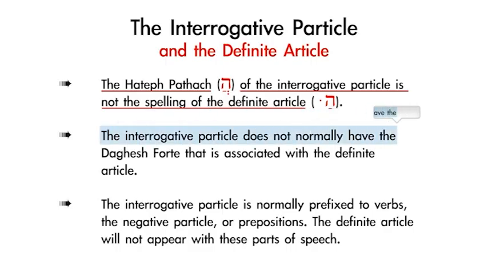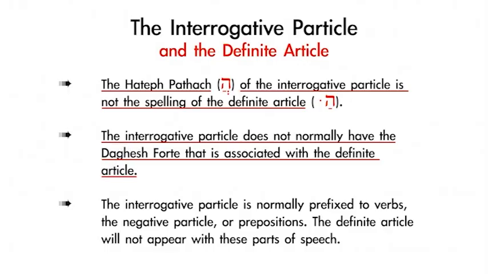The interrogative particle does not normally have the dagesh forte that is associated with the definite article. And finally, the interrogative particle is normally prefixed to verbs, the negative particles, or prepositions. The definite article will not appear with these parts of speech. You'll also remember that the definite article appears some 25,000 times in the Hebrew Bible. So when in doubt, begin by guessing the definite article.